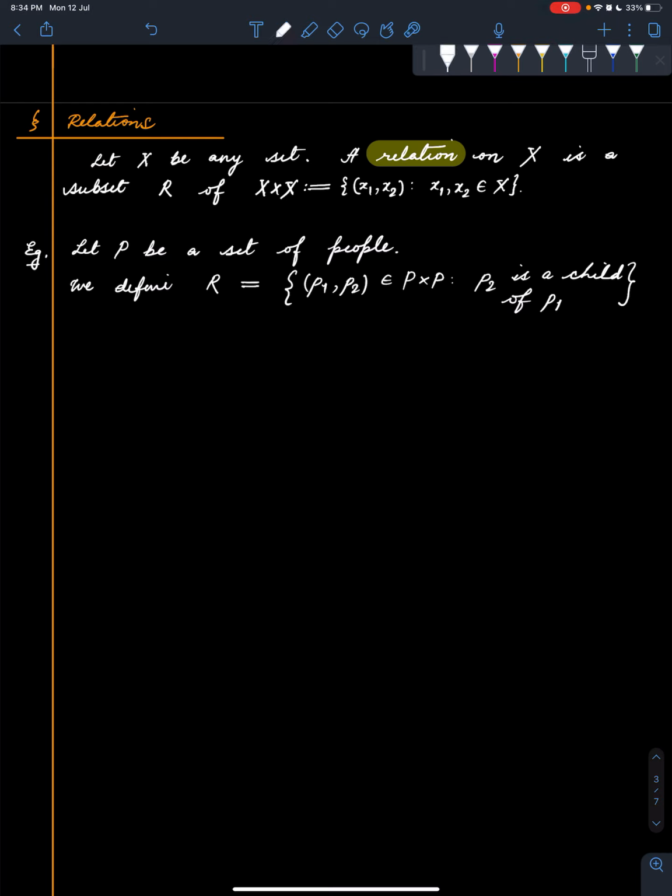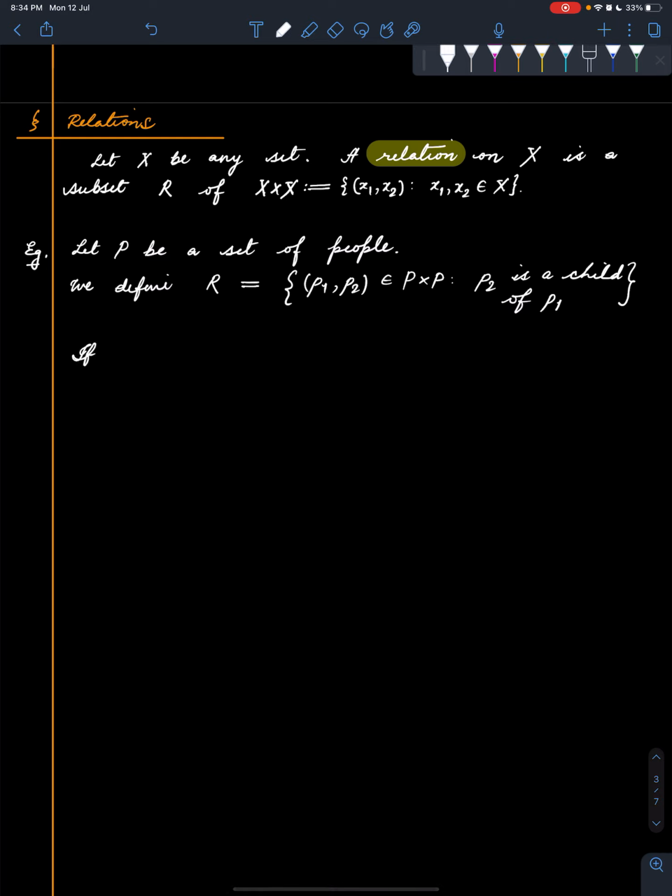Okay. So there are some special kinds of relations that we are interested in. So a relation is called reflexive. But even before that, let us also introduce a notation.